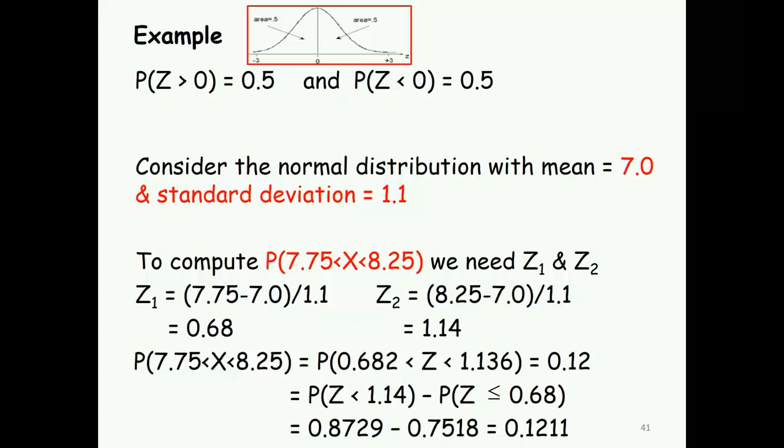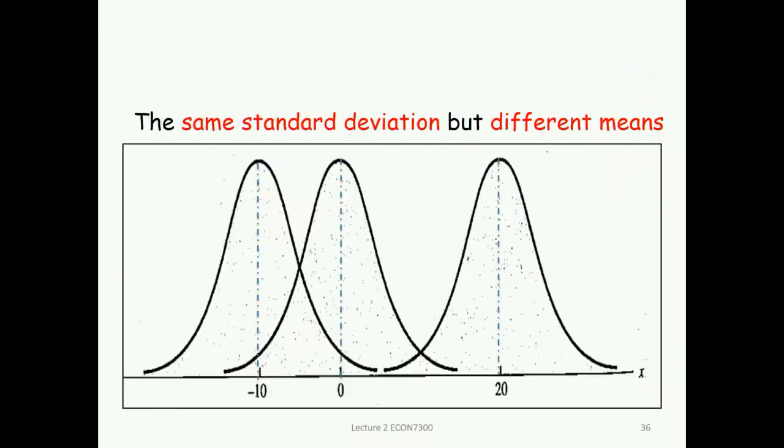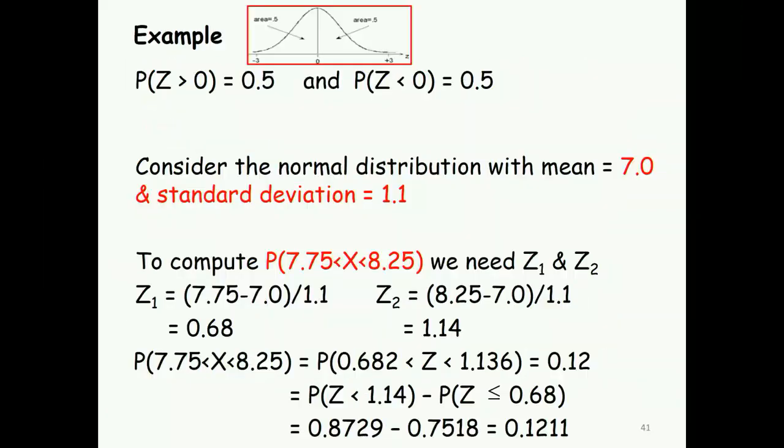Now let us do one question. Consider a normal distribution, any normal distribution. It has a mean mu equal to 7, and the standard deviation is equal to 1.1. So the mean is 7, and you have a normal distribution.